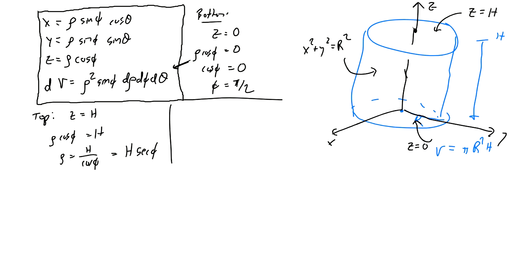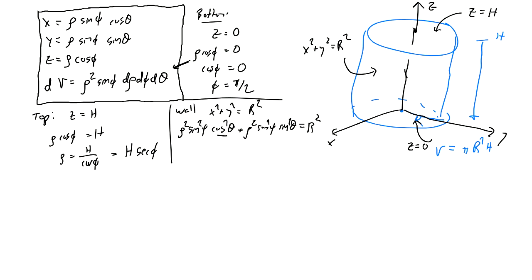And last, for the cylindrical wall, we have x squared plus y squared equals r squared, which is the same as rho squared sine squared phi cosine squared theta plus rho squared sine squared phi sine squared theta equals r squared.